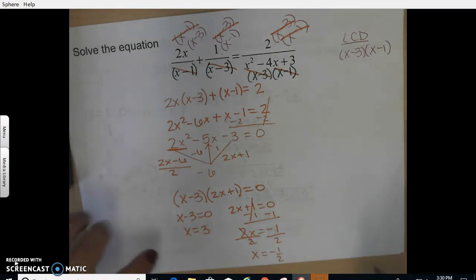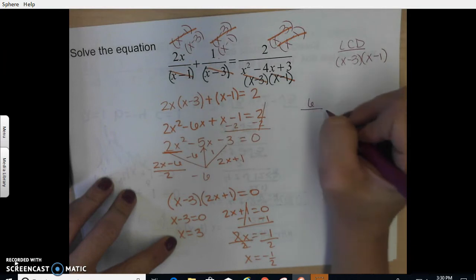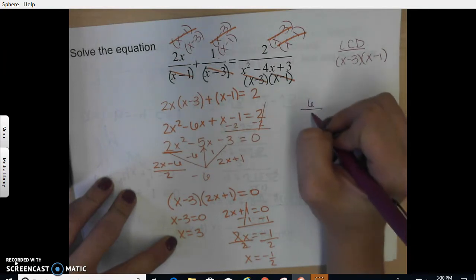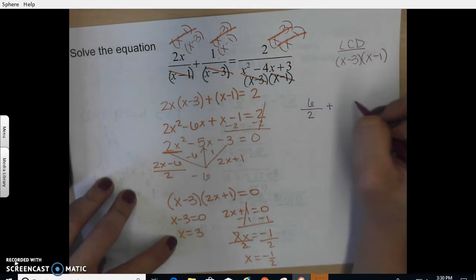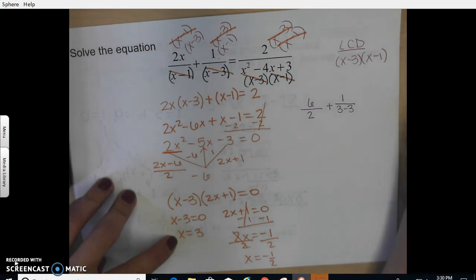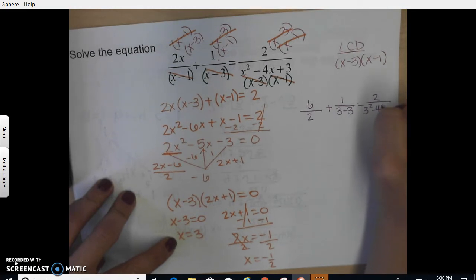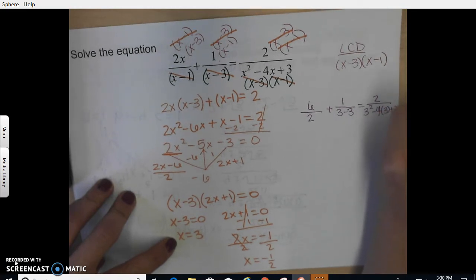So 2 times 3 is 6, over 3 minus 1, which is 2, plus 1 over 3 minus 3, which is equal to 2 over 3 squared minus 4 times 3 plus 3.